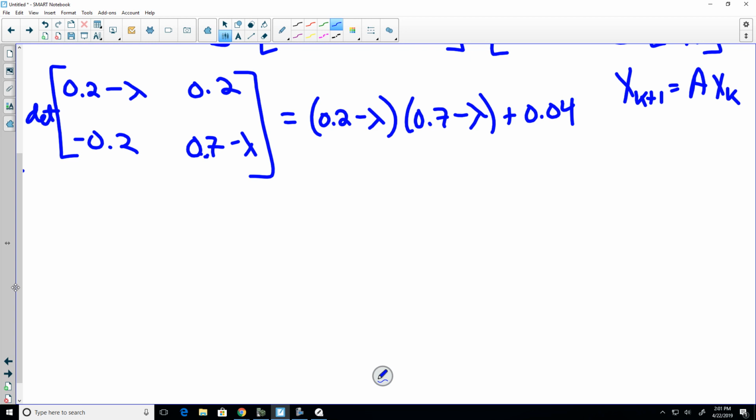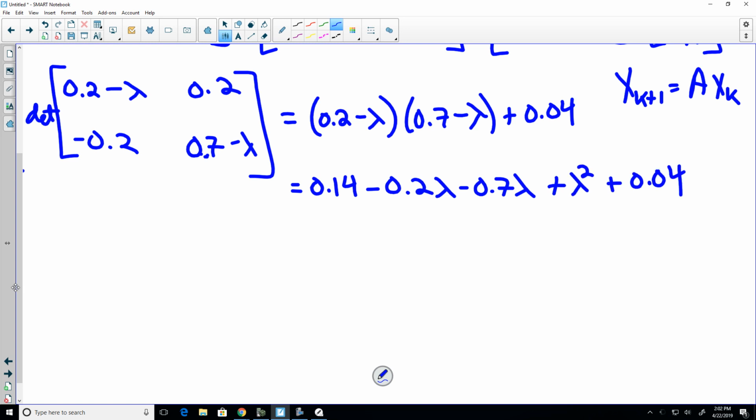All right, so this is 0.14 minus 0.2 lambda minus 0.7 lambda plus lambda squared plus 0.04.